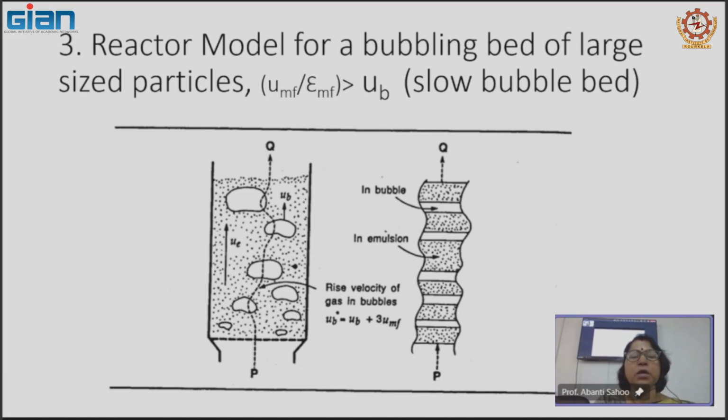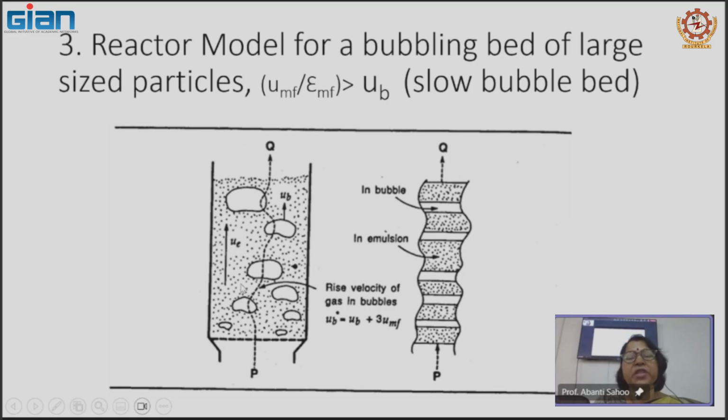So, here you can see also it follows the path PQ, meaning it is successively entering the bubbles and leaving at the top, and here the bed is almost divided into two phases only.